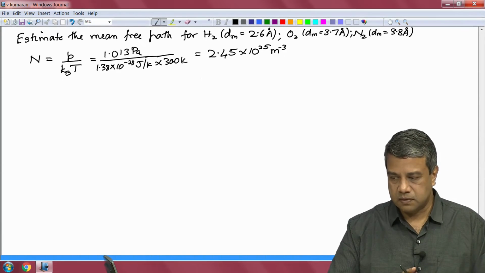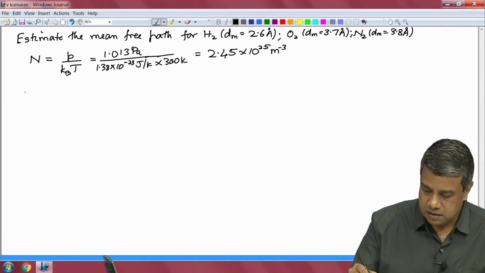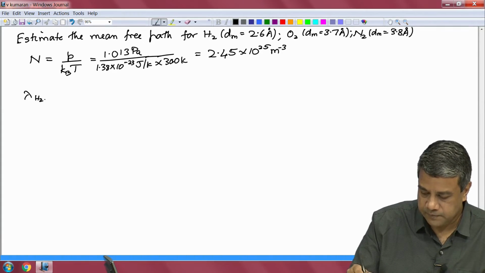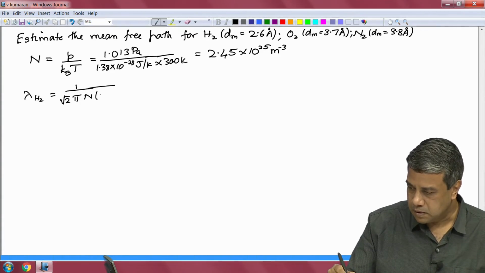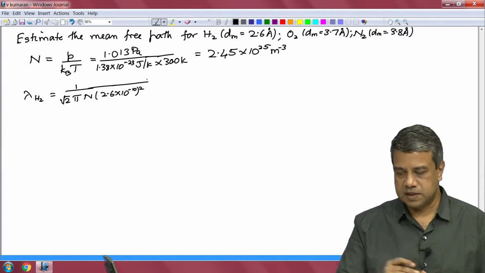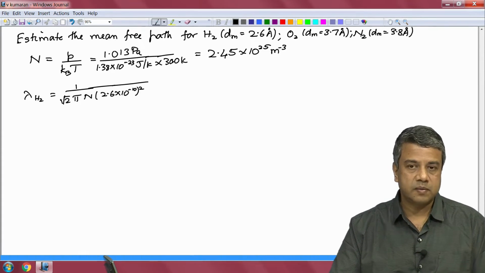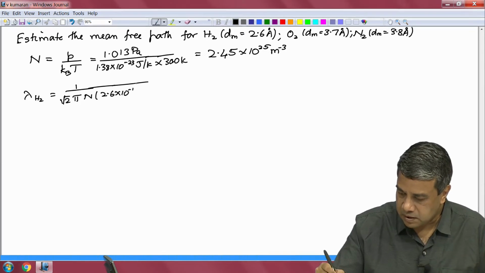Now, using this we can calculate the mean free path. For hydrogen, for example, this is equal to 1 by root 2 pi n into 2.6 into 10 power minus 10 square, since 2.6 angstroms is 2.6 into 10 power minus 10 meters, whole square.